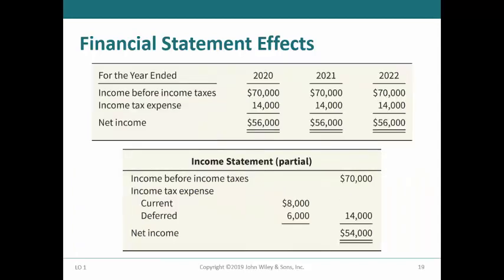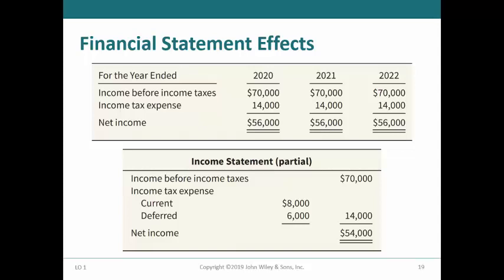Because we need to give our users accurate information about the components of income tax expense, we break down the $14,000 into the two components, current and deferred. The current portion is the amount of taxes that we actually owe the IRS per the tax return. In 2020, they were $8,000.